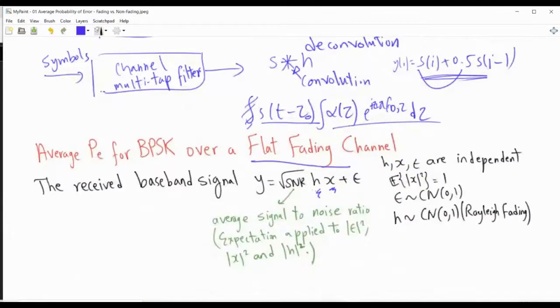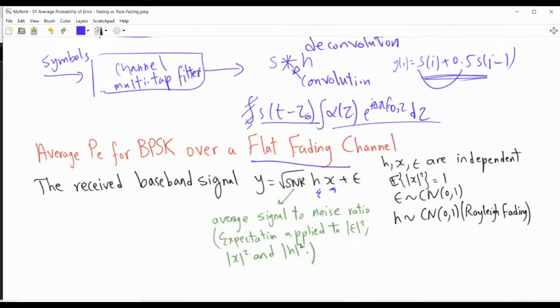For flat fading, the channel filter is just a single tap filter, and you don't really need to use the word filter. Your signal is just multiplied by g(t). So the channel is a random process, but if you fix an instant of time, you extract a random variable.